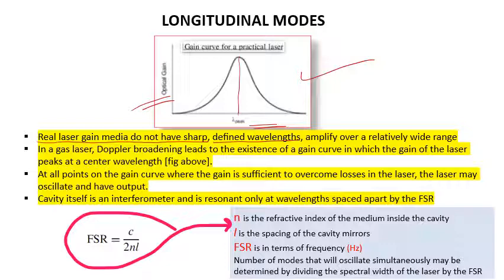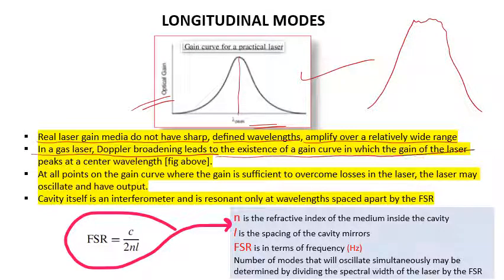It amplifies over a relatively wide range, maybe the spectrum is like this or something like this. In a gas laser, Doppler broadening, which we have already studied, leads to the existence of a gain curve in which the gain of the laser peaks at a center wavelength lambda zero.